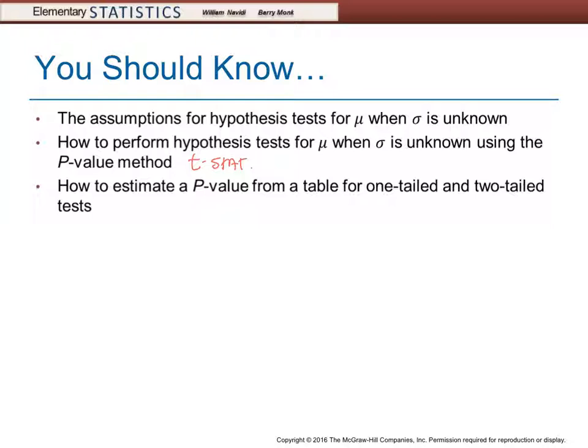And finally, we know how to estimate a p-value from a table for a one-tailed or two-tailed test, and we know how to use our calculator. So this concludes chapter 9-3 on the t-test. We will now go to talking about testing for a proportion from the population, a qualitative variable.